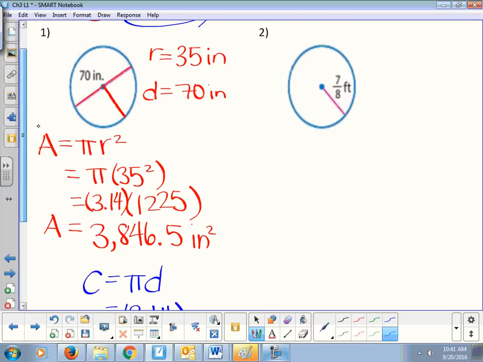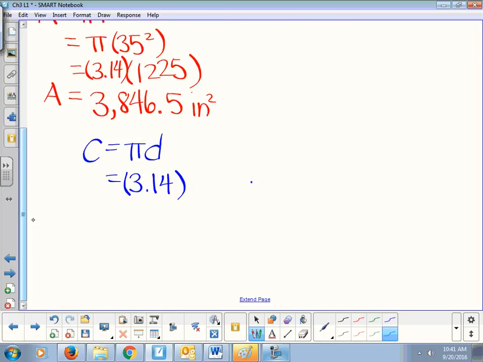And what was our diameter? 70. So we're multiplying by 70. And 3.14 times 70 gives us 219.8, and our unit is just inches.